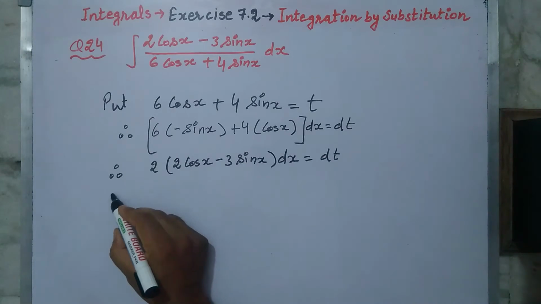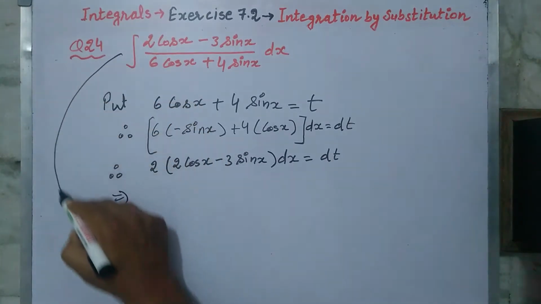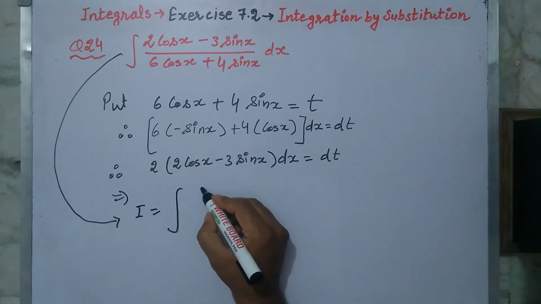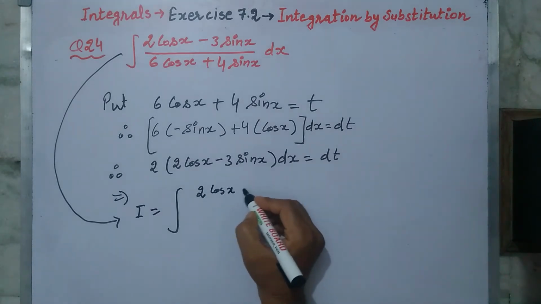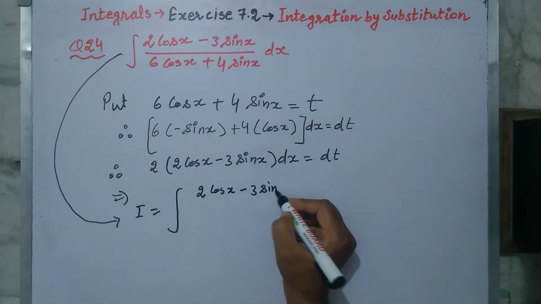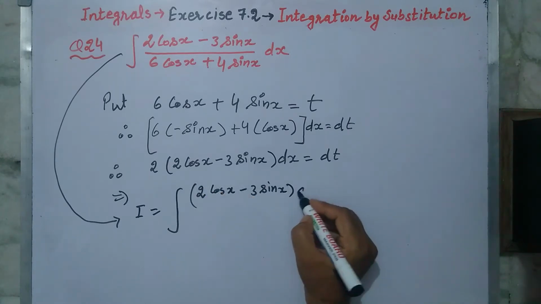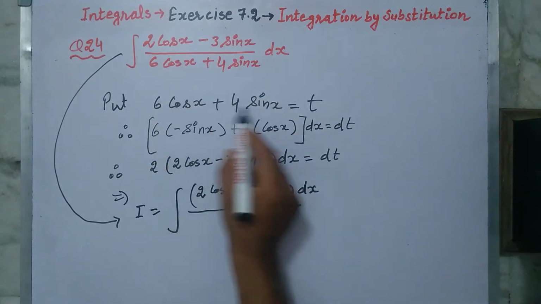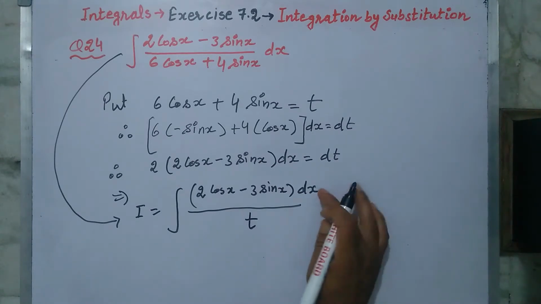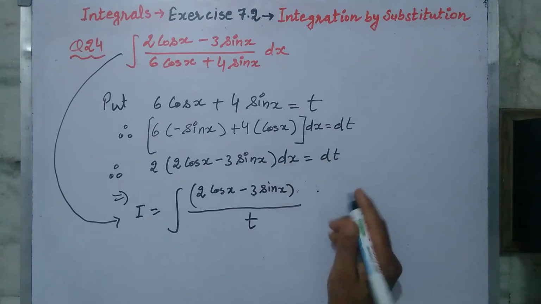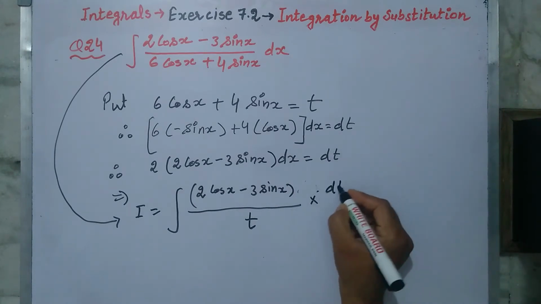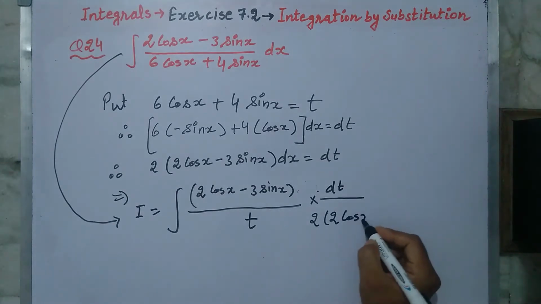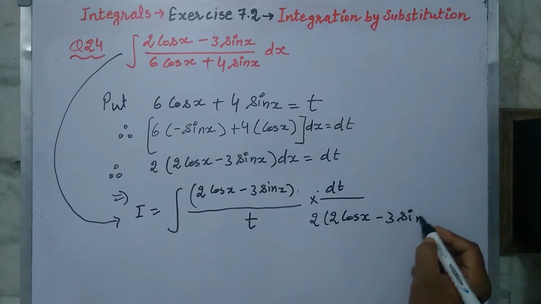That means we can say now this integral I is equal to (2 cos of x minus 3 sin x) into dx divided by 6 cos x plus 4 sin x, which is t, and here the value of dx is dt divided by 2 into (2 cos of x minus 3 sin x).